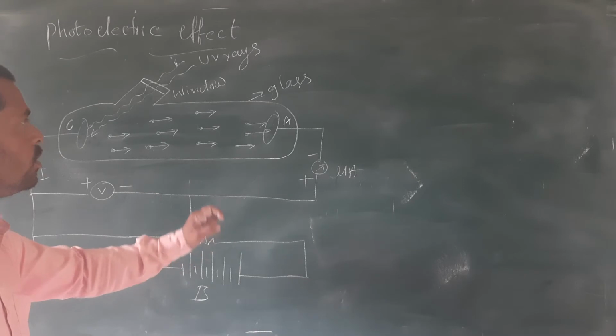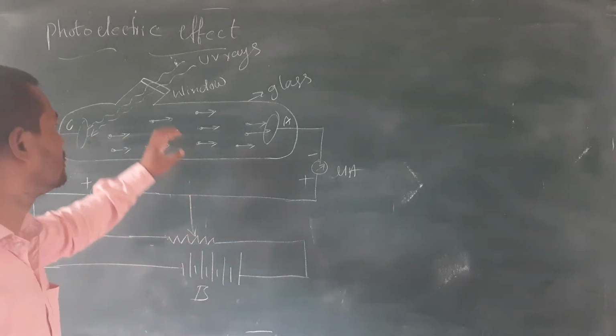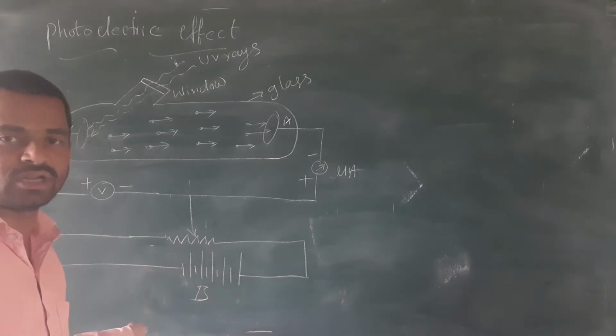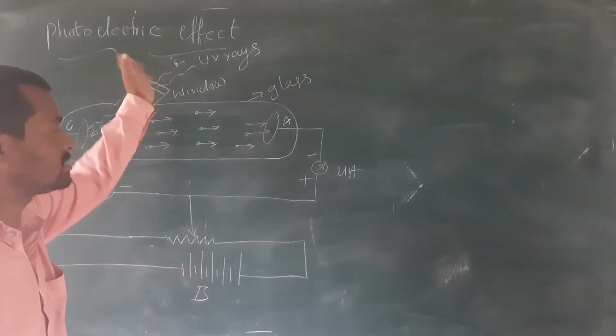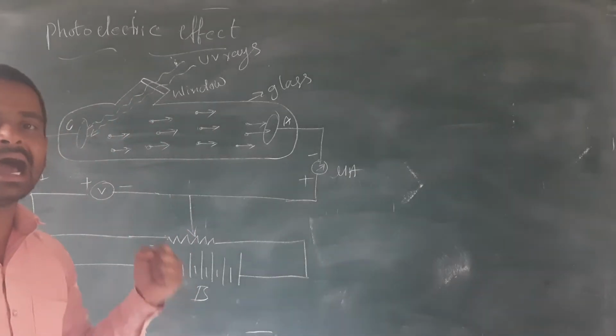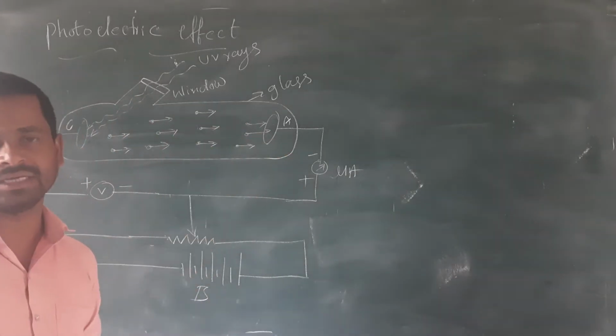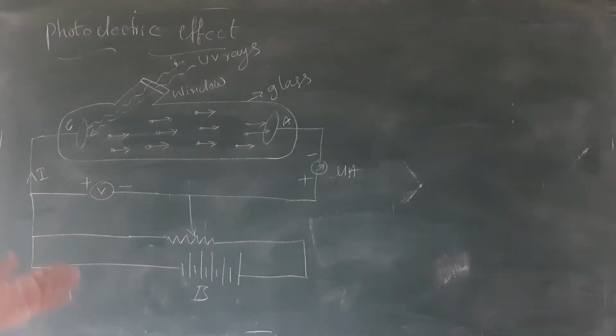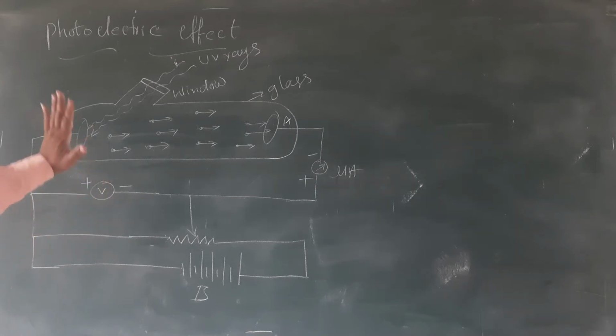And now what happens if we increase the frequency, if we change the potential, if we change the intensity? How does the current depend on them? That is the important thing here to learn. So let me erase the diagram, or let me write on this side. On this side we have the gap.